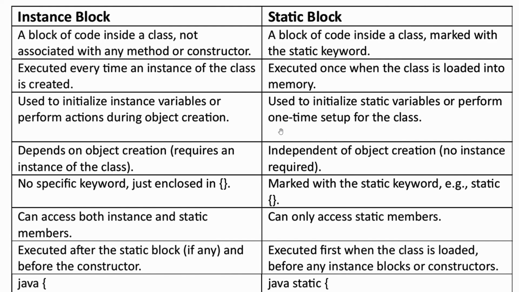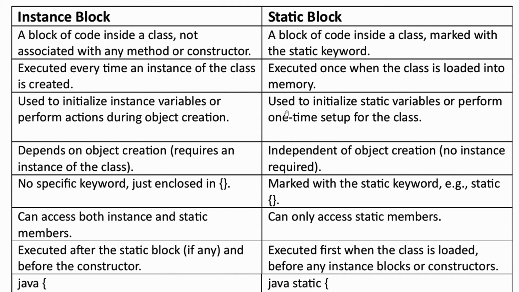As we have discussed in the instance block video, it is used to initialize the instance variables, and also to perform some tasks or actions during the object creation. And a static block is used to initialize the static variables and performs tasks only one time.